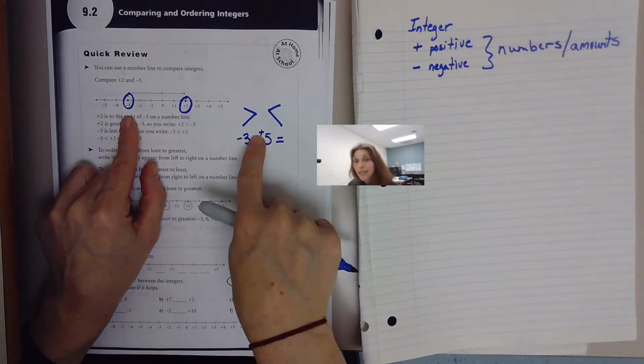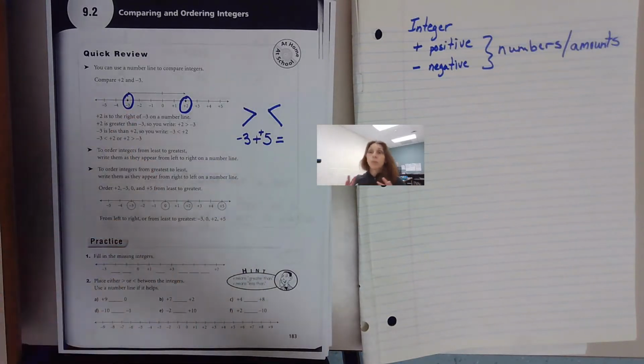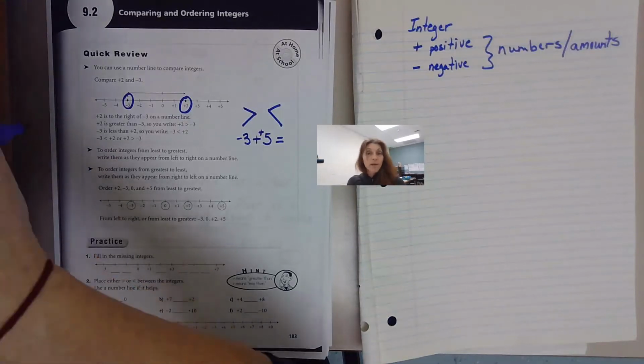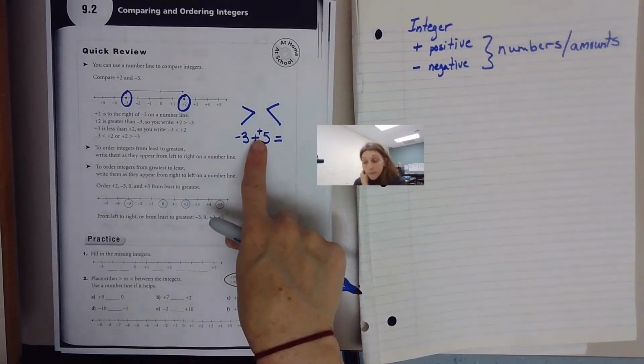If you don't see a positive sign there, it just means it's a positive number. It's numbers that we're used to working with, okay? But if you want to put a positive sign there, go ahead, okay?